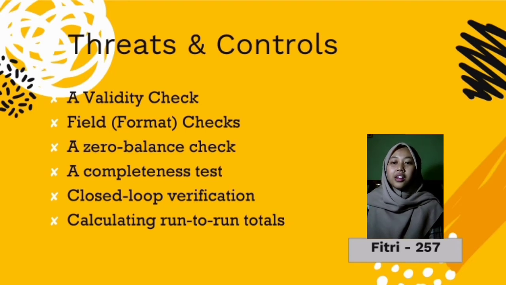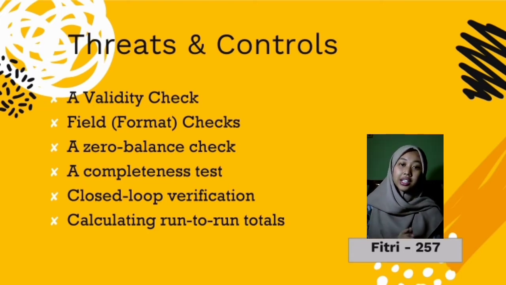The fifth is closed loop verification, matching account numbers with account descriptions to ensure that the correct general ledger account is being accessed. And the sixth is a sign check of the general ledger account balance once updating is completed, to verify that the balance is of the appropriate nature, debit or credit.